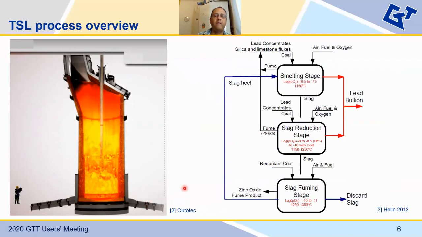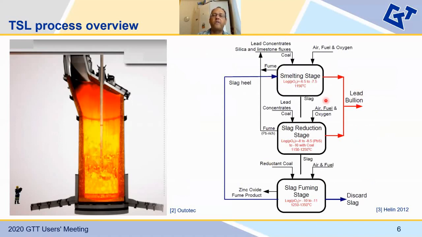In our case, we are focusing on the lead metallurgy. In this process, you have basically three stages: the smelting stage, the slag reduction stage, and the slag fuming stage. Each step of this process occurs under different conditions. We are focusing on the smelting stage.